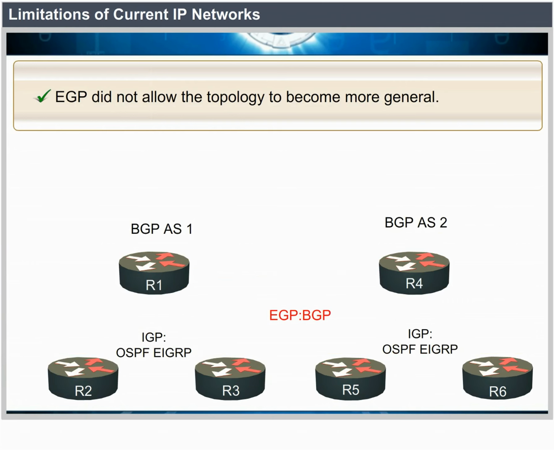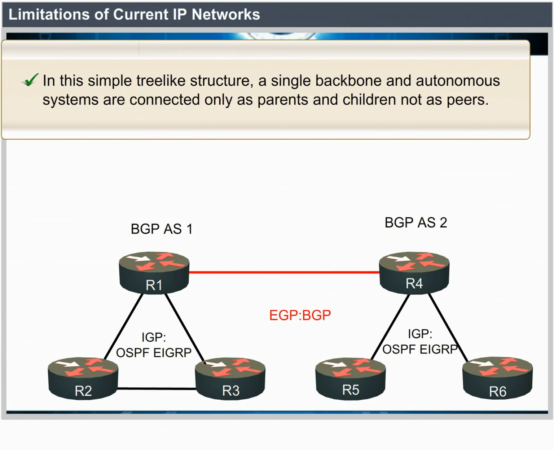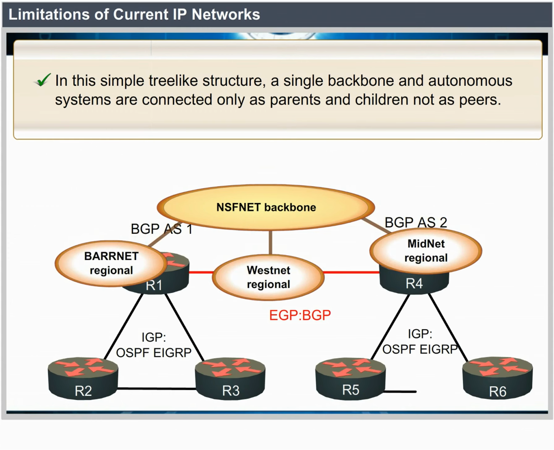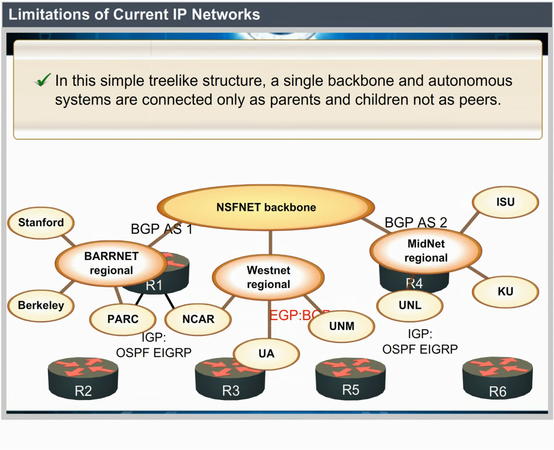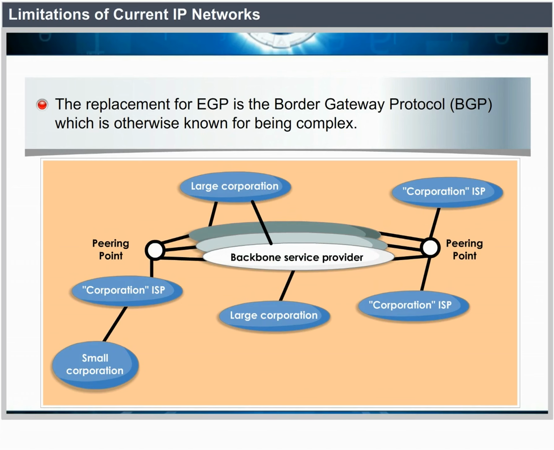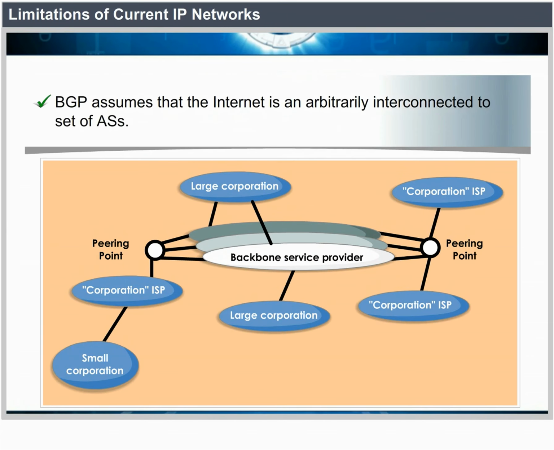In this simple tree-like structure, there is a single backbone and autonomous systems are connected only as parent and child, not as peers. The replacement for EGP is the Border Gateway Protocol (BGP). BGP is also known for being rather complex. BGP assumes that the Internet is an arbitrarily interconnected set of ASs.